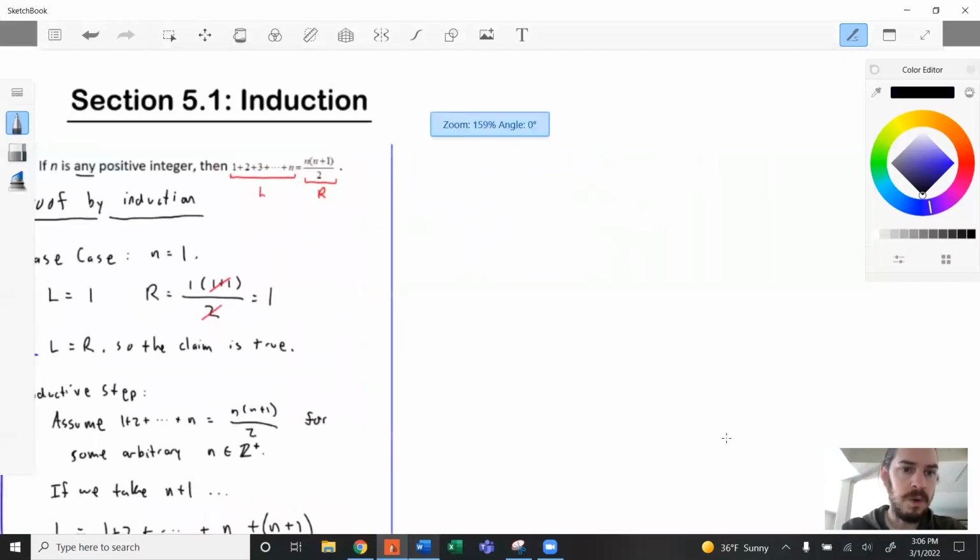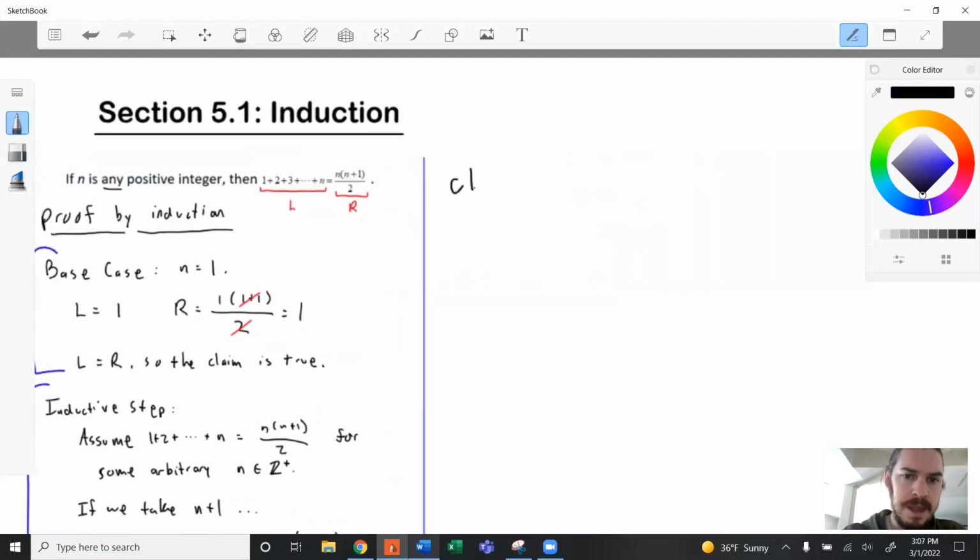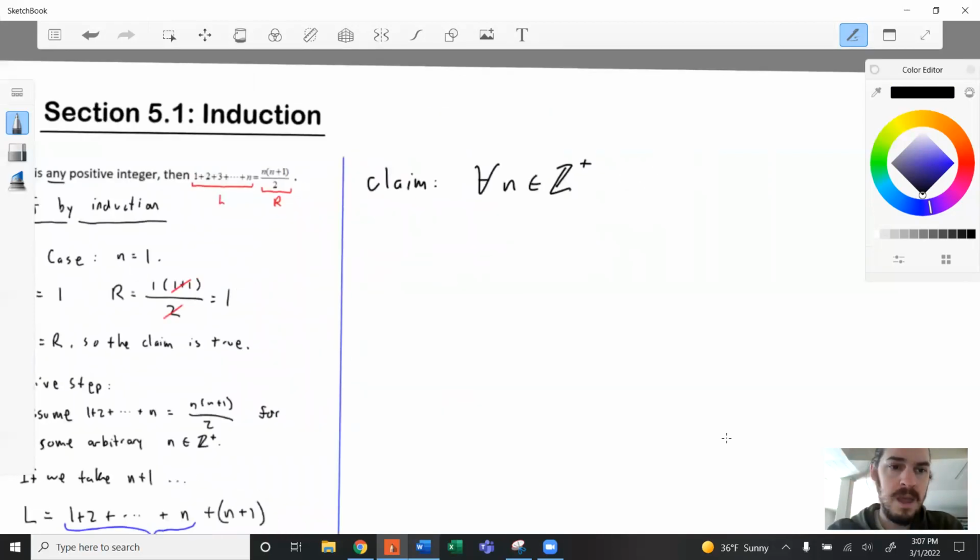All right, so the type of claim we'll be proving using induction is something like: for all n in some sort of set that's similar to Z plus, but I'm going to use Z plus so we can start at 1. For all n in Z plus, something is true about n, P of n.